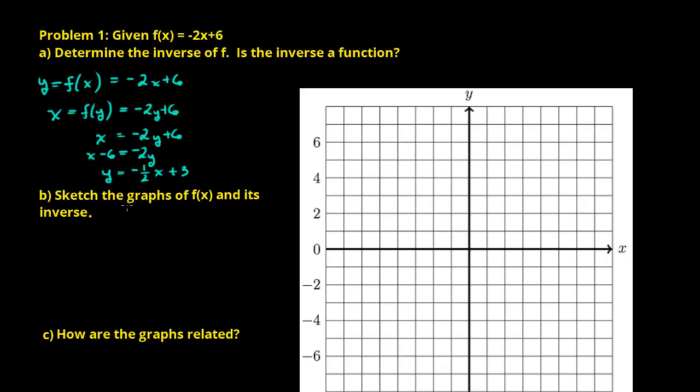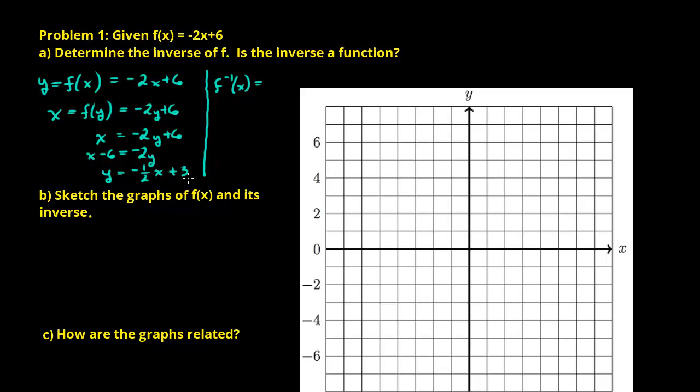So next it wants us to sketch the graphs of f of x and its inverse. So f of x is just a straight line, and this is the inverse. And we can write the inverse as f inverse of x. Here I've used function notation because y is equal to minus 1/2 x plus 3 is a straight line.